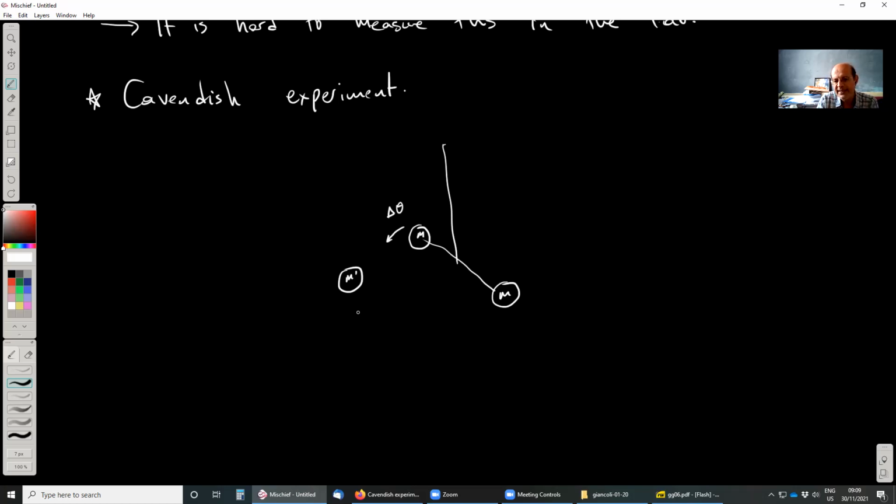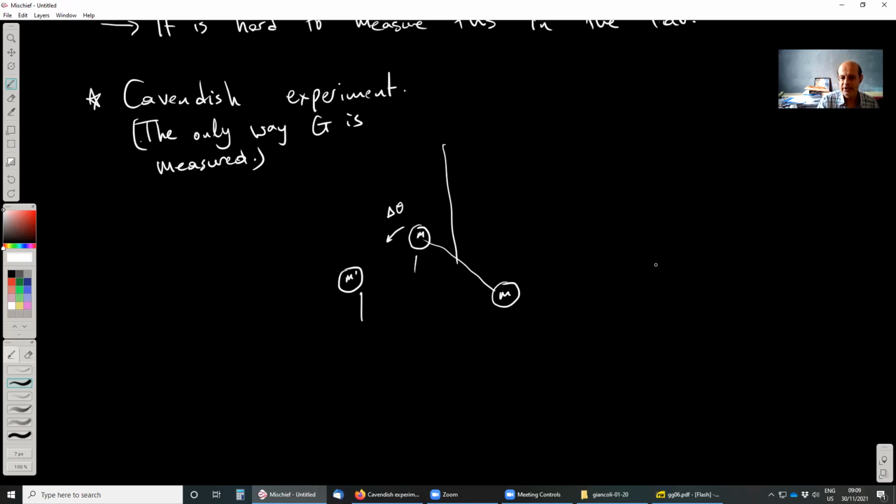Since the masses are known, he's the first one to actually measure the gravitational constant. Actually, this is the only way G is measured, right? That's the purpose of that experiment.